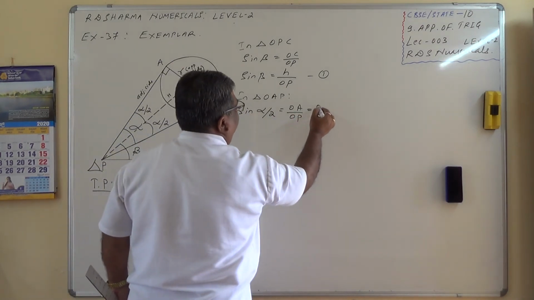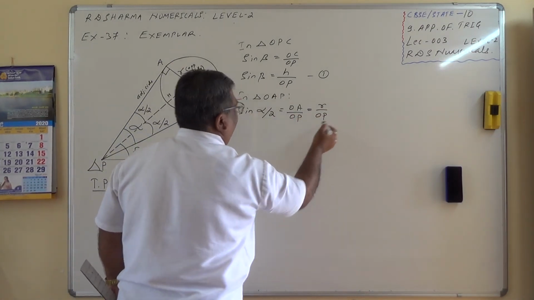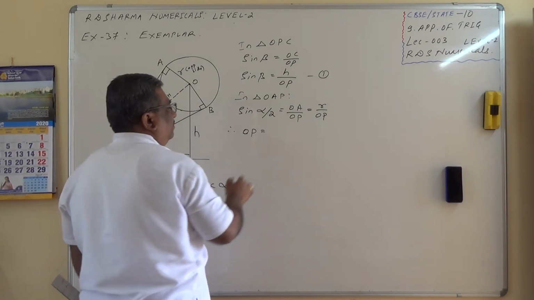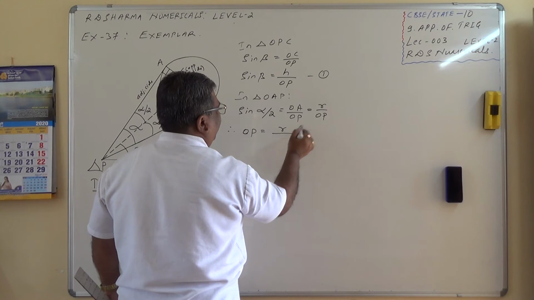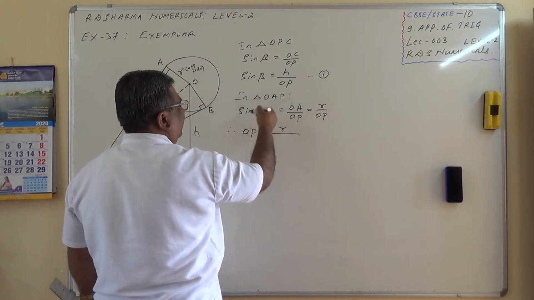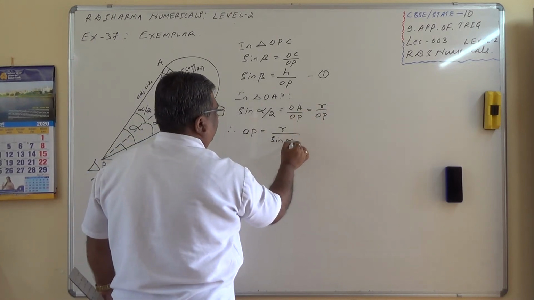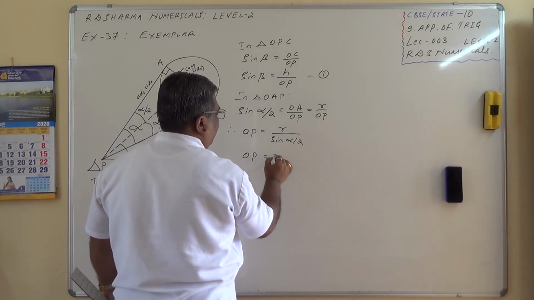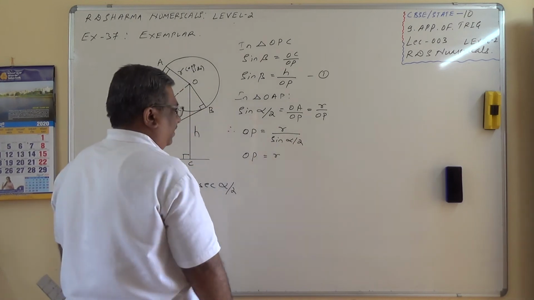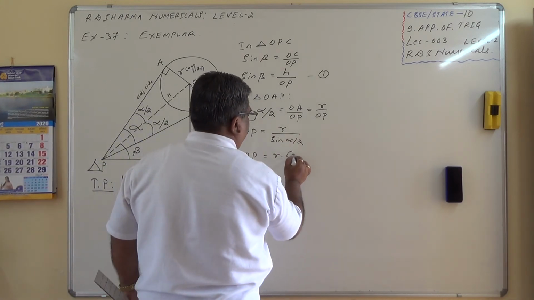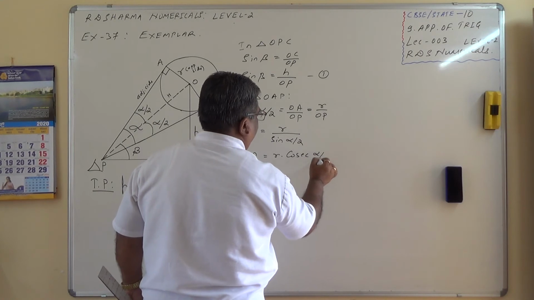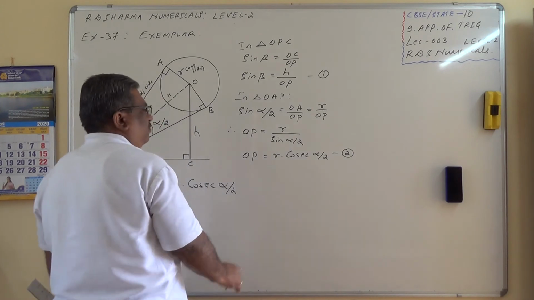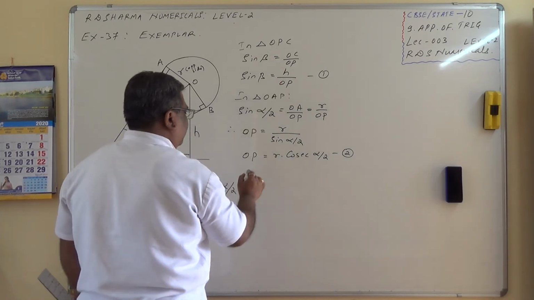R, the radius, R divided by OP, and therefore OP equals R divided by sine alpha by 2. Therefore OP equals R. 1 by sine is cosec, R into cosec alpha by 2. Mark this as 2.